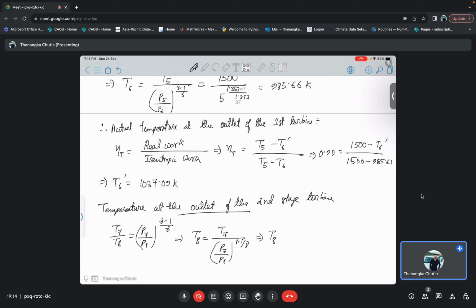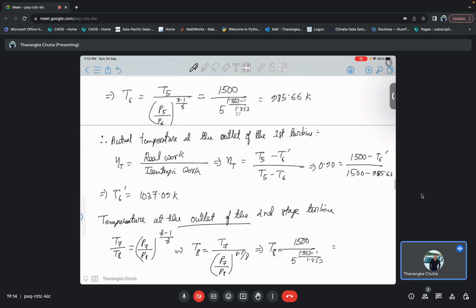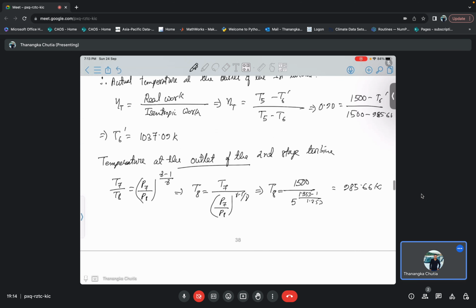So T8 is nothing but 1500 divided by 5 to the power 1.353 minus 1 divided by 1.353, which will be equal to 985.66 Kelvin.